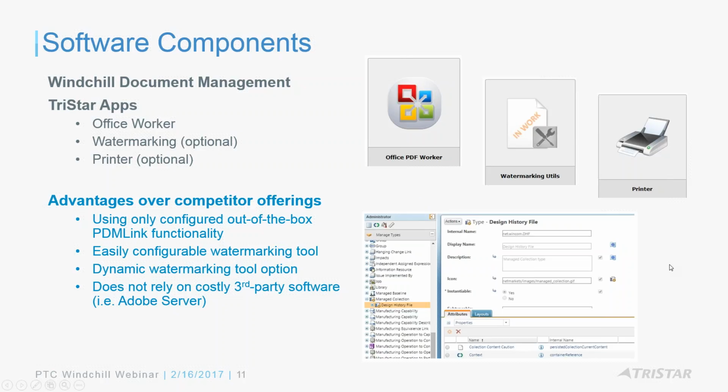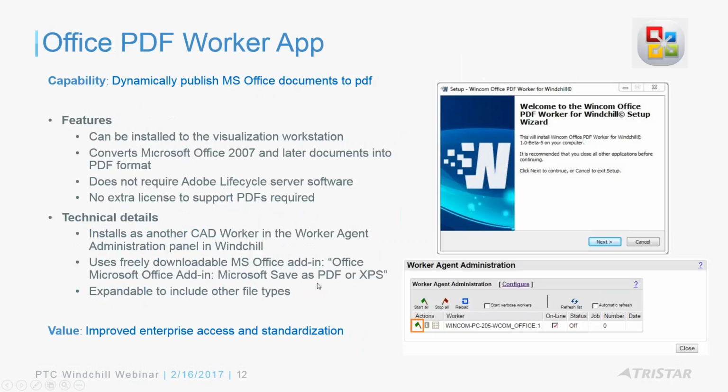There are also optional apps, for example, for documenting markups as part of a change process in that document through the printer app. The nice thing is it does not require additional software in terms of PDF software.